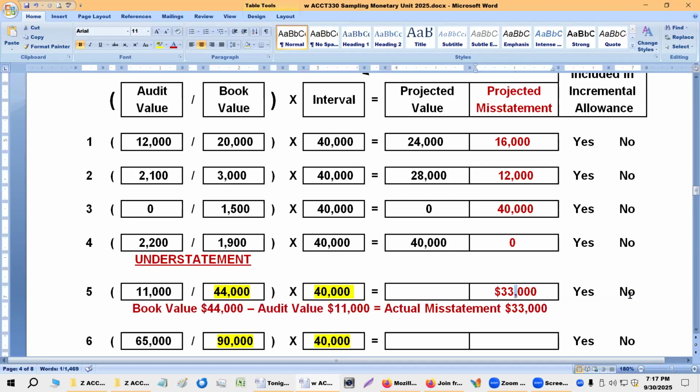If you were to do the projected misstatement, it would be 30,000, I think. And notice, kind of ironically, that would be actually reducing the amount of the actual misstatement. Usually when you do projections, you take a small amount and it's projected over the larger population.